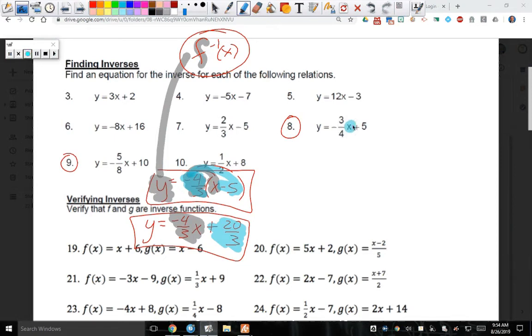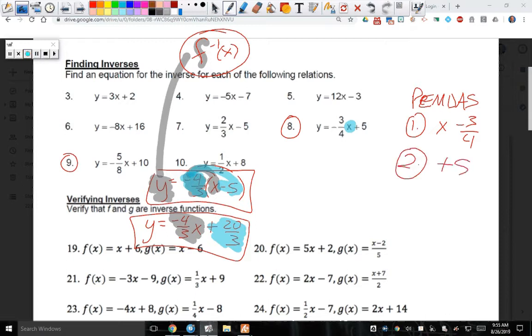I want you to imagine that you're at x right now. What's the first thing that would get done to you in regular PEMDAS order? In regular PEMDAS order, you would be multiplied with a negative 3/4. The second step is that you would add 5.